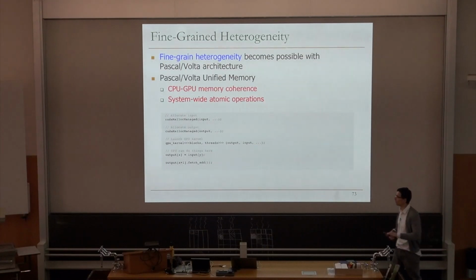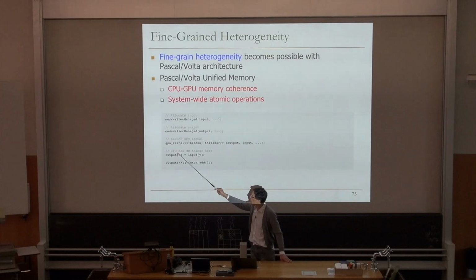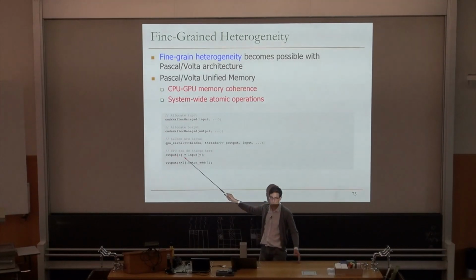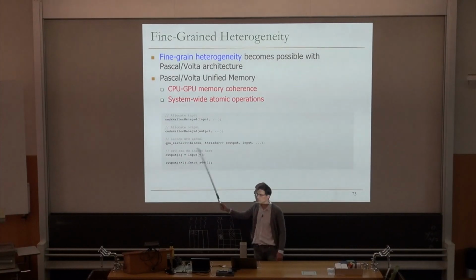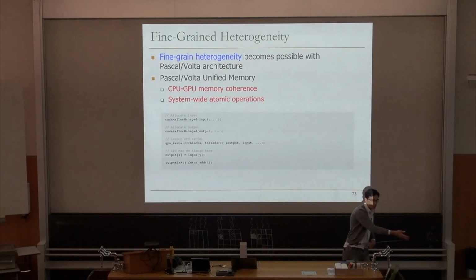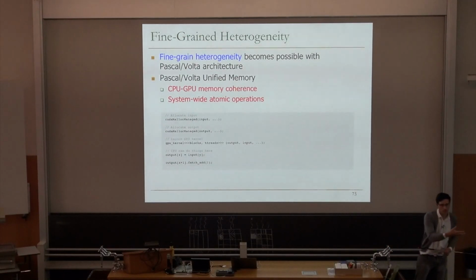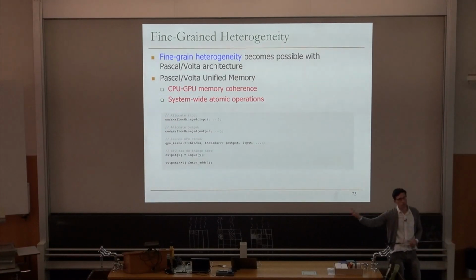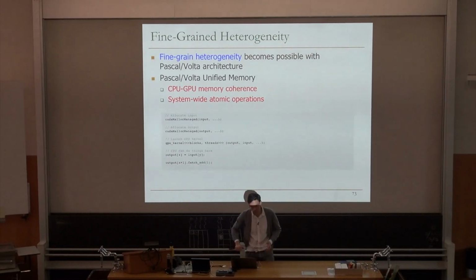Every time the CPU updates this value, and a little bit later a GPU thread needs to read it, we will need to transfer this value, at the granularity of a page or a cache line, from the CPU memory to the GPU memory. So there will inherently be some overhead there, even though this has improved in the most recent generations of Nvidia GPUs.